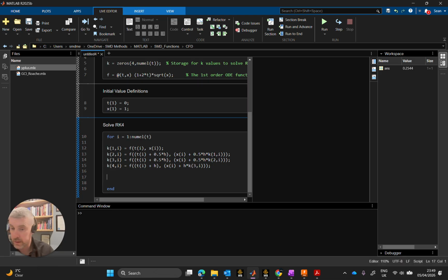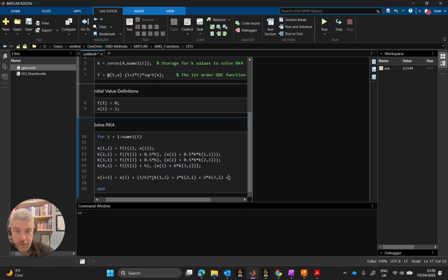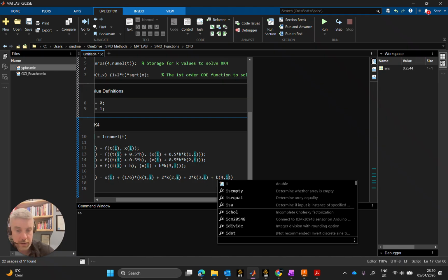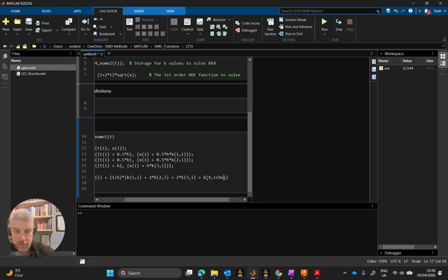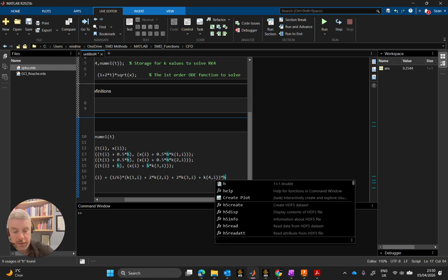Now, last thing I want to do is I want to calculate out my new x value. So x of i plus 1, in this case, is going to be equal to my x of i plus the adjustment, which is 1/6 of the quantity k1 of i plus 2 times k2 of i plus 2 times k3 of i plus k4 of i, multiplied by my step size h.